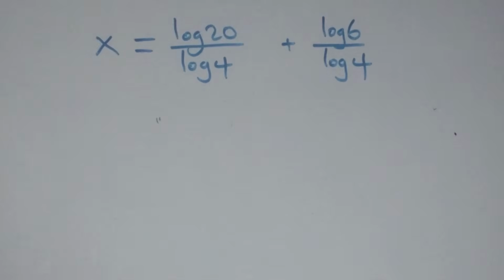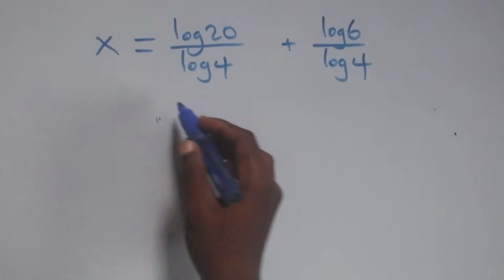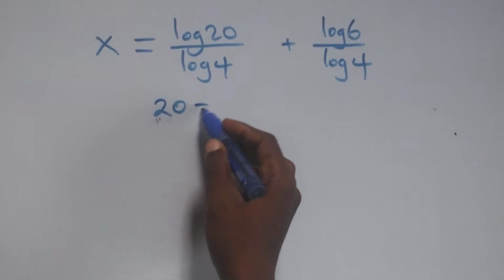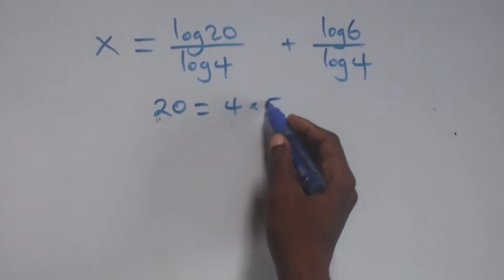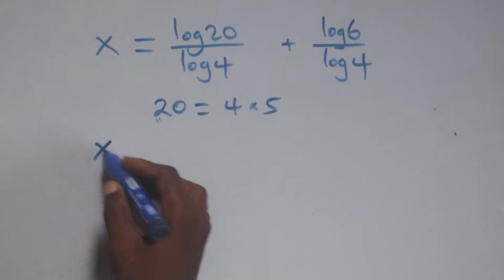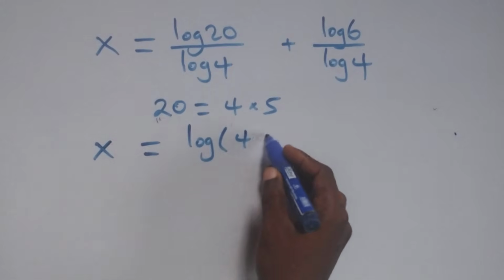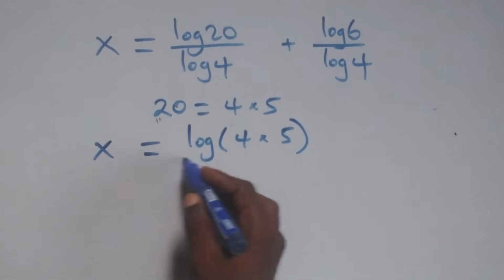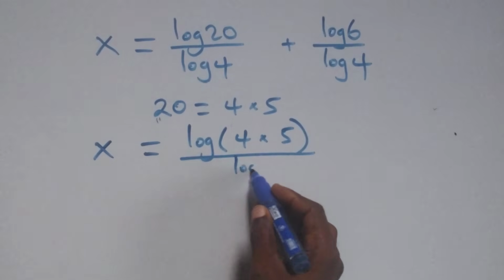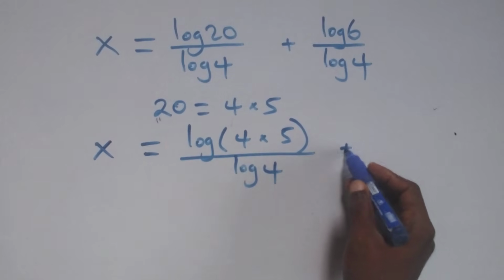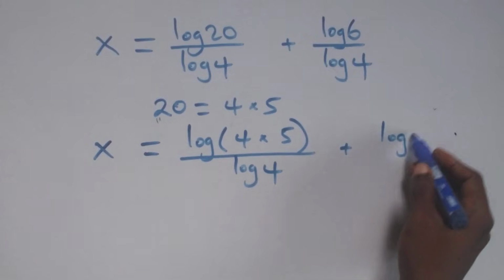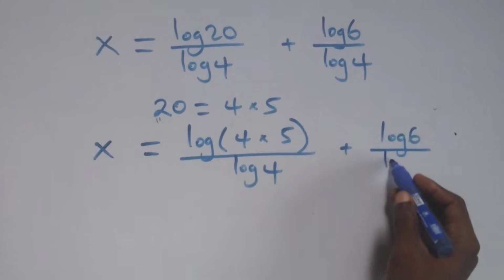Then next step here, let's rewrite 20 as 4 times 5. And what we have becomes x equals log 4 times 5 over log 4 plus log 6 over log 4.